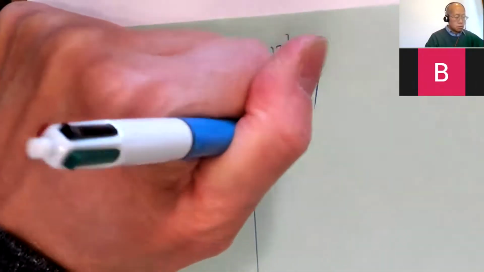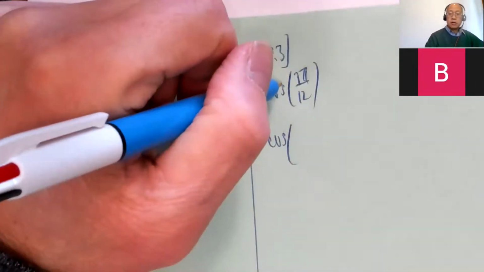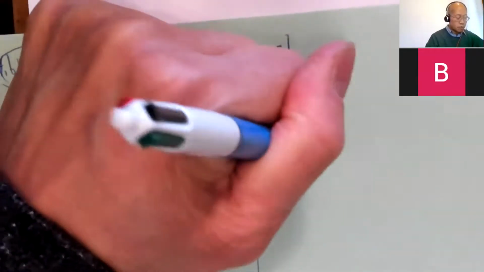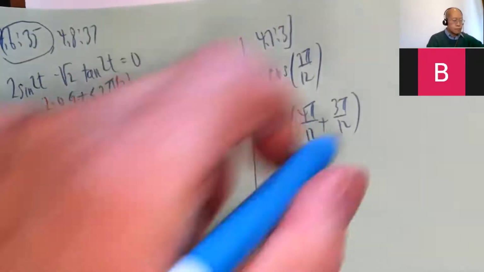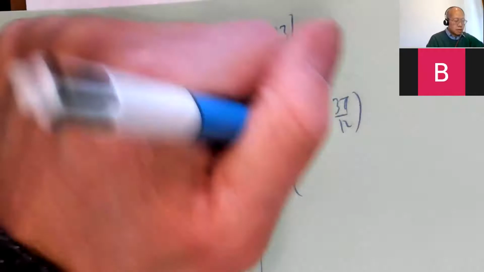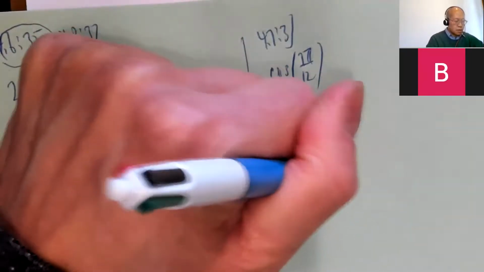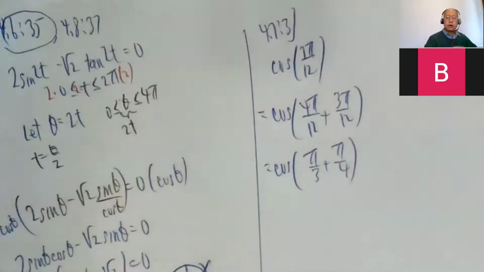So I do recognize 4 pi over 12 and 3 pi over 12, because that would be pi over 3 plus pi over 4.